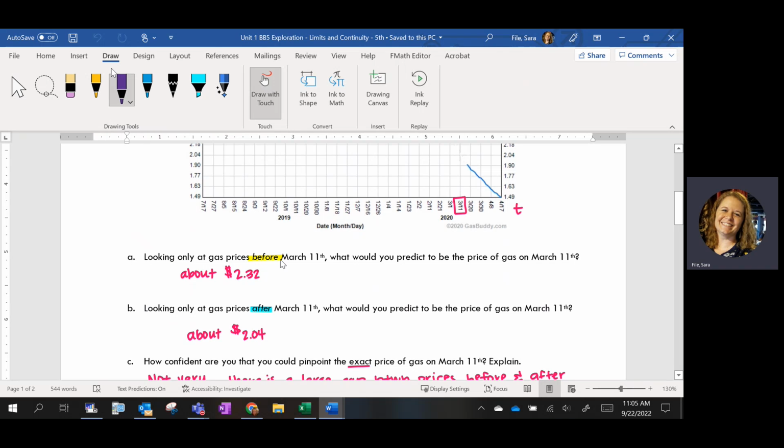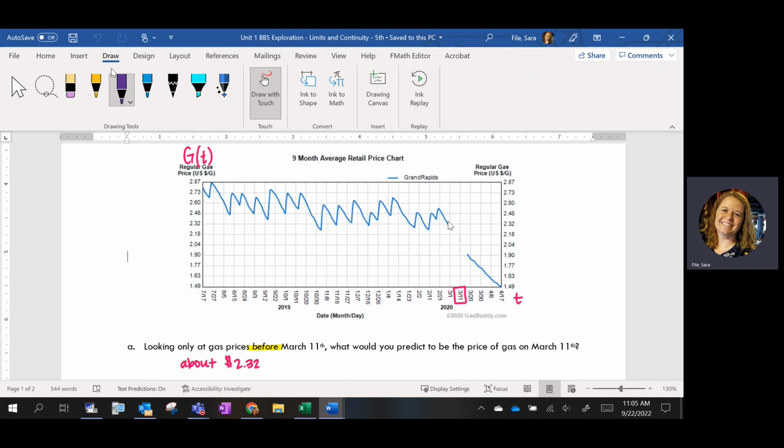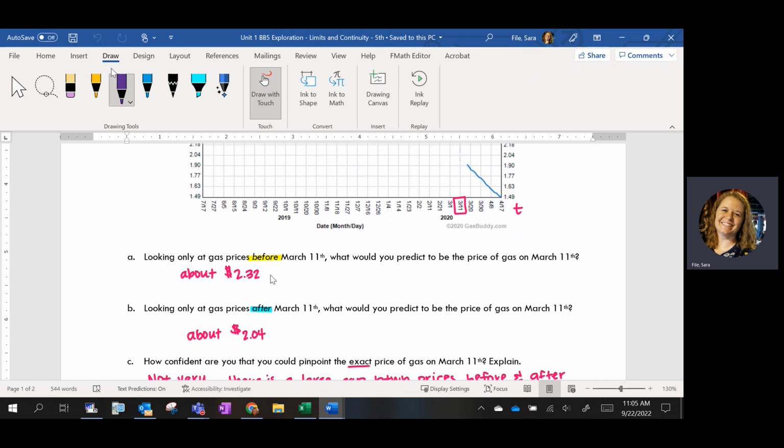Okay, so here, when it says looking only at the gas prices before March 11th, if here's March 11th, if we're looking before March 11th, that's on the left side, isn't it? So that's the limit from the left. So what are we approaching as we come from the left?